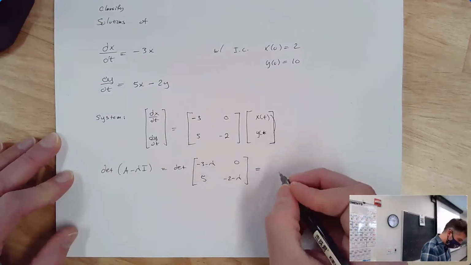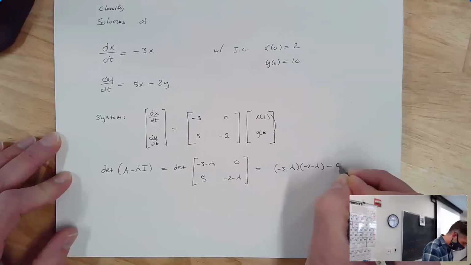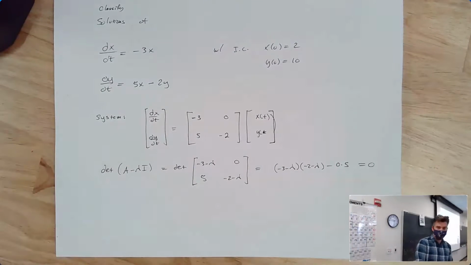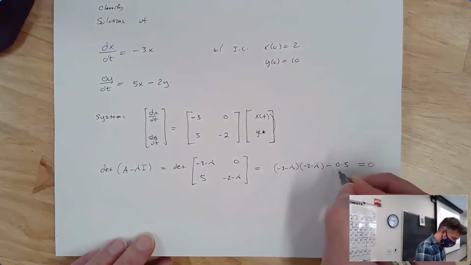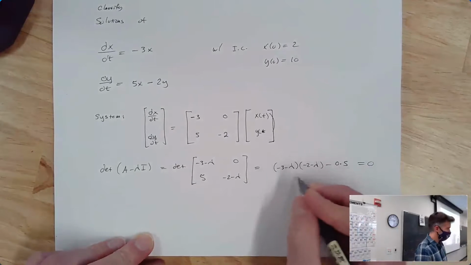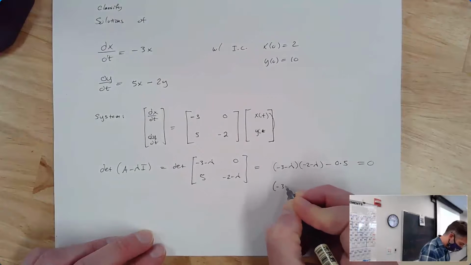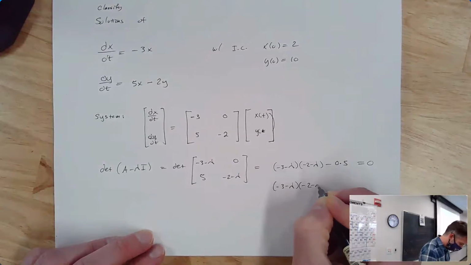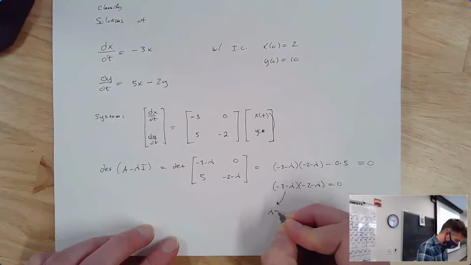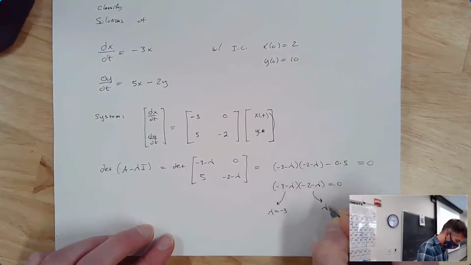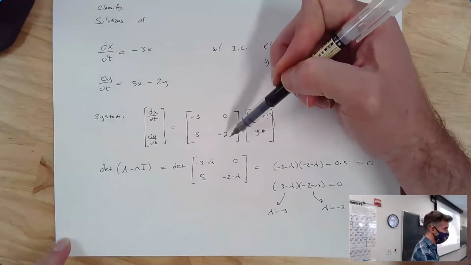That's negative 3 minus lambda times negative 2 minus lambda minus 0 times 5 equal to 0. I don't really need to do any more work here because 0 times 5 is just 0, and I don't want to multiply this out because I'm just creating more work for myself. This is just negative 3 minus lambda times negative 2 minus lambda equal to 0, which means either lambda equals negative 3 or lambda equals negative 2, which are exactly the diagonal elements from the beginning.